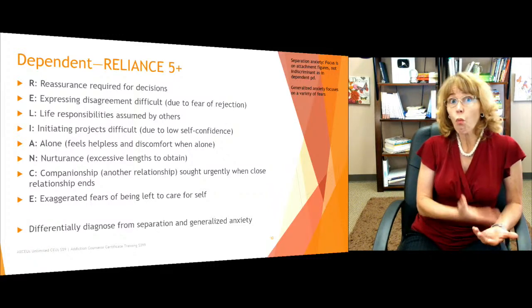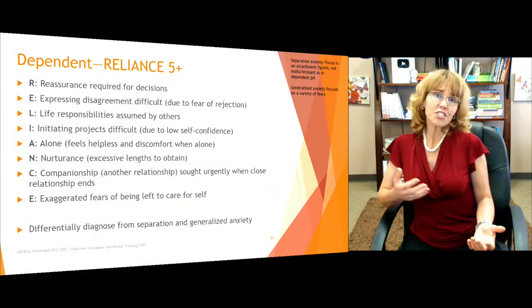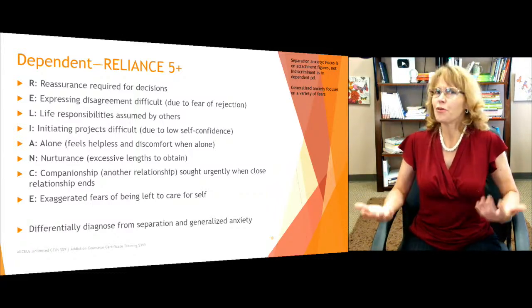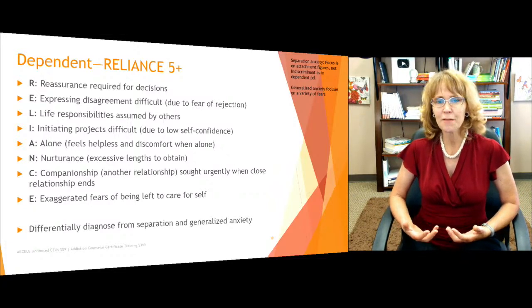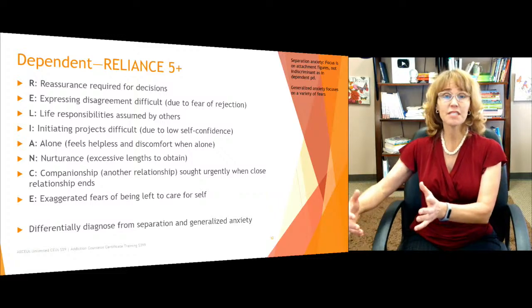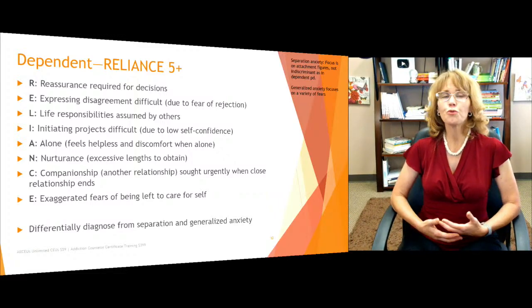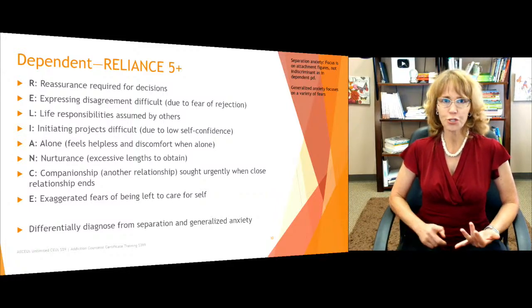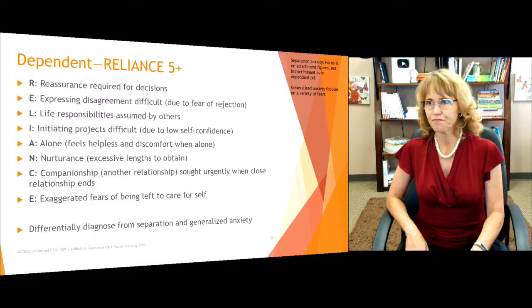So exploring why that is, what makes it difficult, what projects might you want to initiate if you had the energy, if you had the motivation, if you had the confidence, and then helping them set goals and start to accomplish those things to build up their sense of personal power, efficacy, and competence.